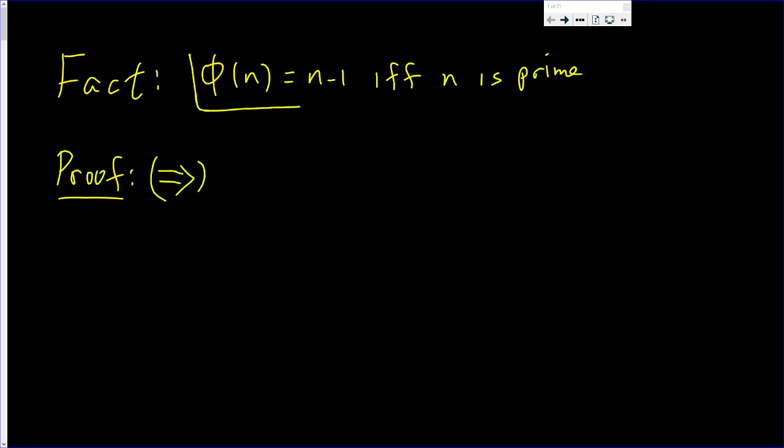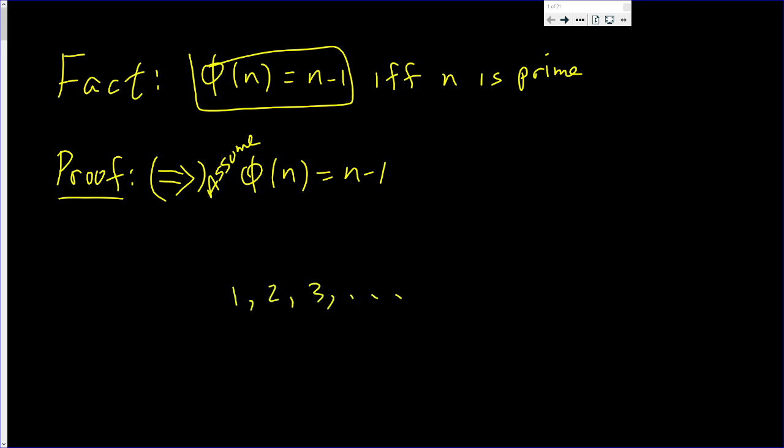So I'm going to assume this is true. I'm going to assume that phi of n equals n minus 1. Well, what that means is you have 1, 2, 3 up to n.